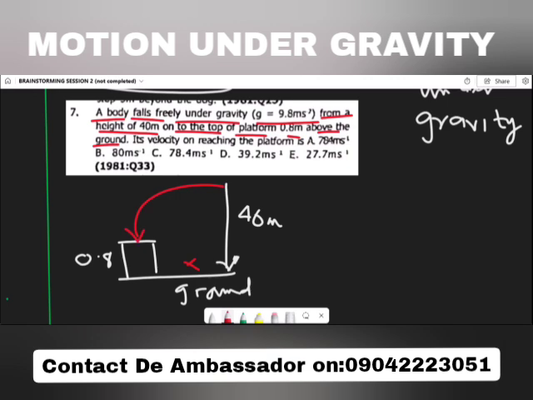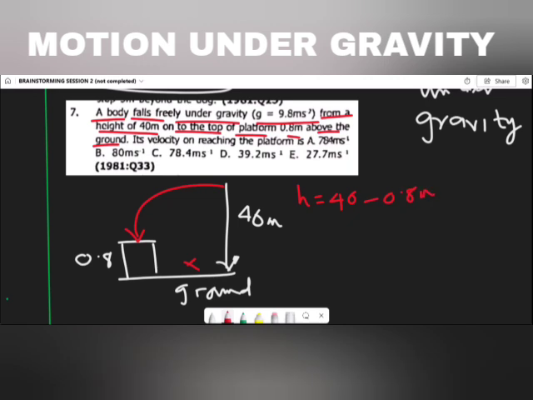And if you want to get the height of the ball, you subtract the platform height from the 40 meters, because when you subtract 0.8 from 40, you have an answer of 39.2 meters.